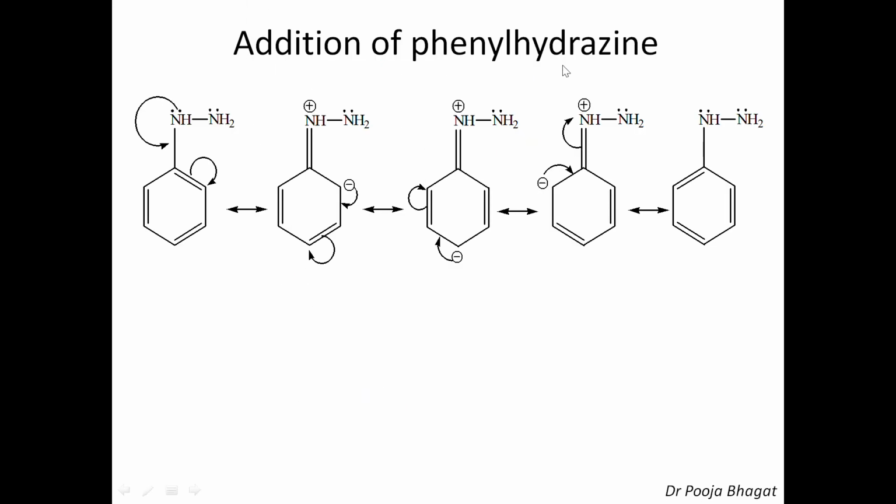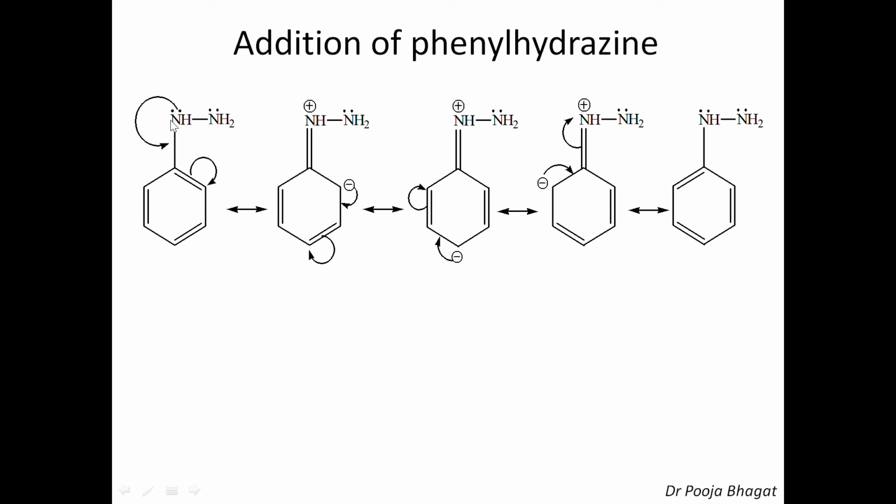First, addition of phenylhydrazine. This is the phenylhydrazine molecule. The nitrogen which is attached to the benzene ring: the lone pair of electrons on this nitrogen is delocalized over the whole benzene ring, as you can see in these resonating structures. Let's discuss them one by one. The lone pair of electrons on nitrogen will move between nitrogen and carbon, and these pi electrons will move towards this carbon.